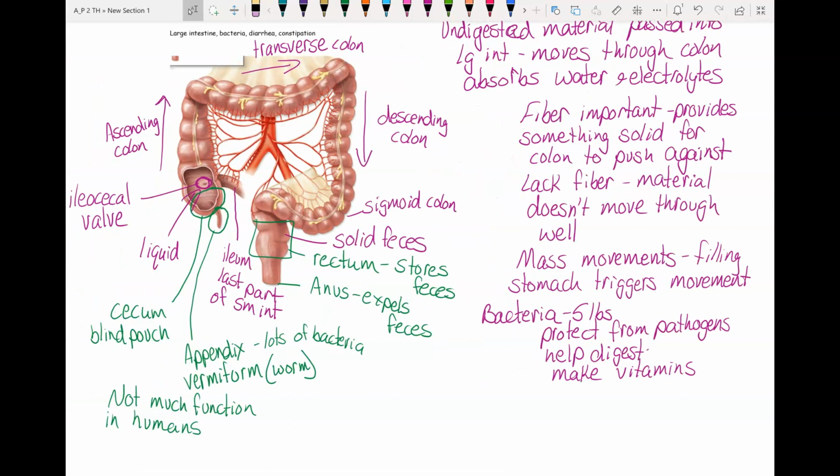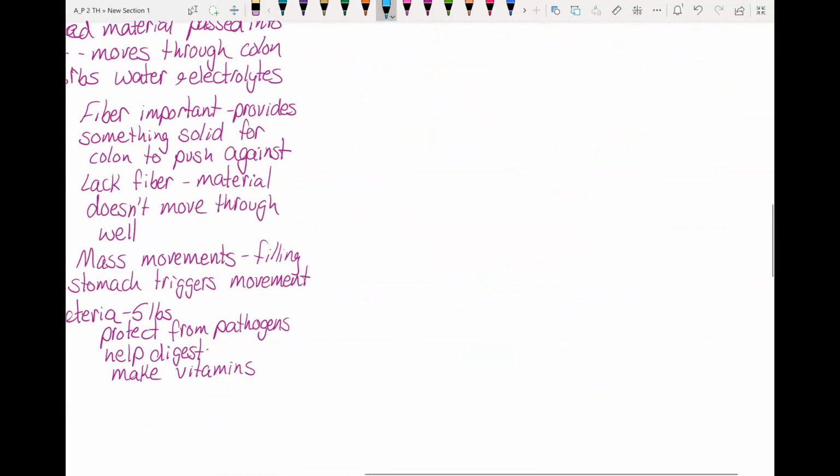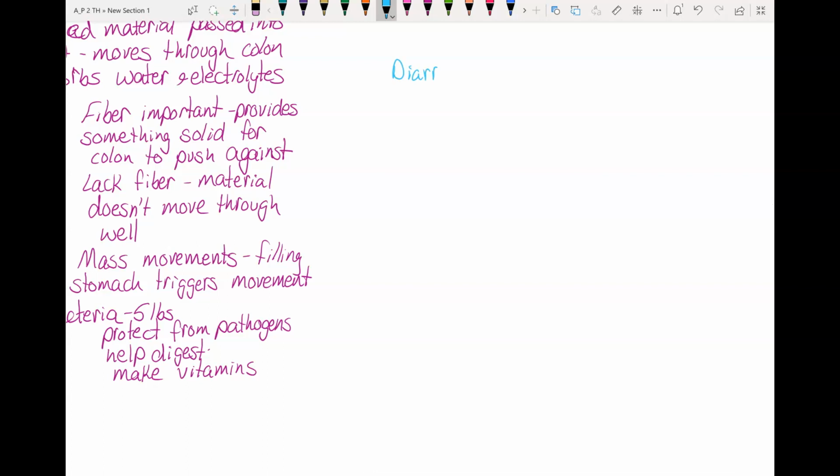And if things go wrong in the colon, you can end up with either diarrhea or constipation. Diarrhea is when you don't absorb enough water. So this is where your colon failed to absorb enough water. And there's a couple of things that can cause it to fail to absorb enough water. One is if the material moves too fast.